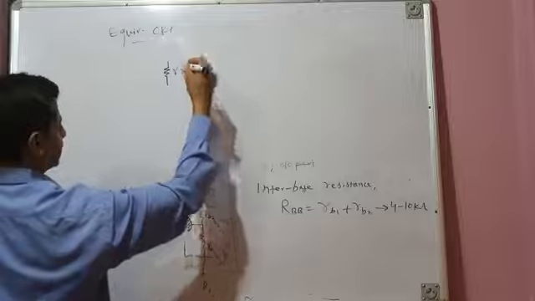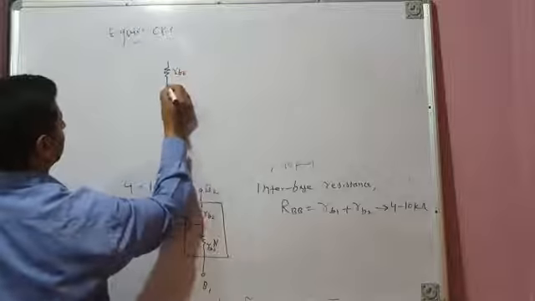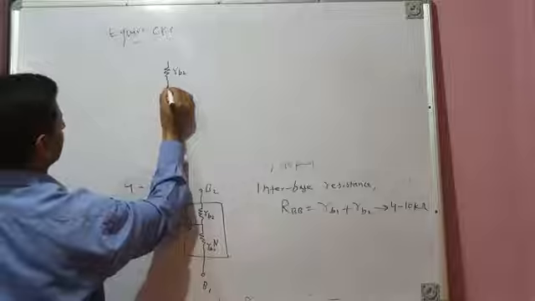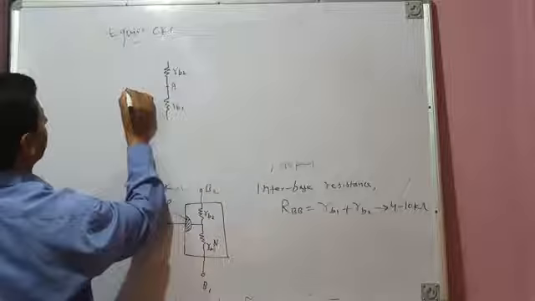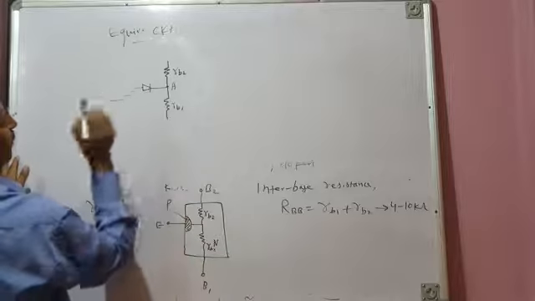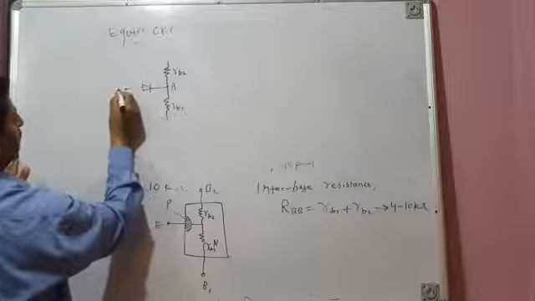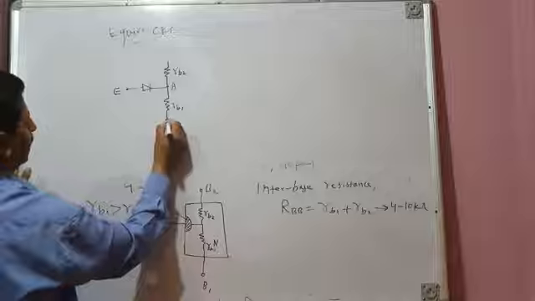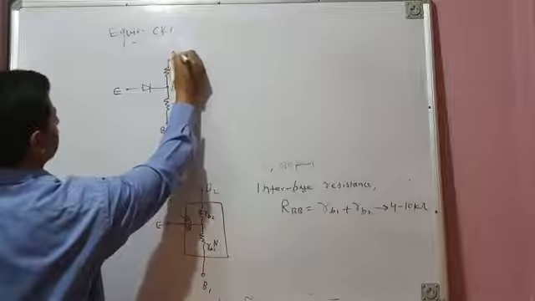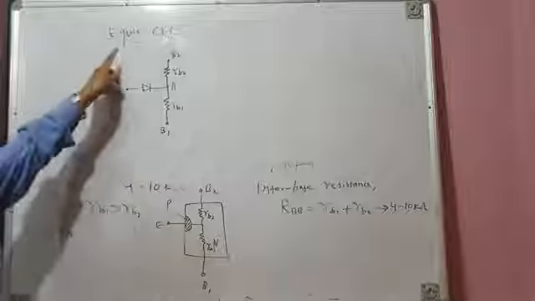This is resistance RB2, this is resistance RB1. This is, say, point A, and you have a PN junction here. You can show that PN junction with the help of this diode. So this is the PN junction, and this is your emitter E. This is base terminal B1, this is base terminal B2. So this is the equivalent circuit diagram of a UJT.